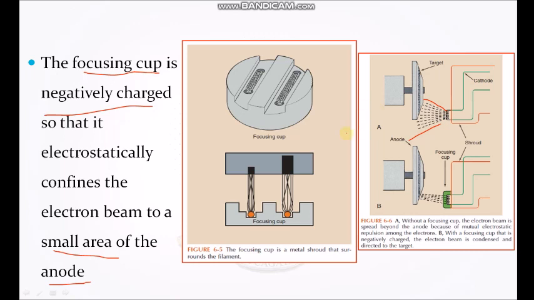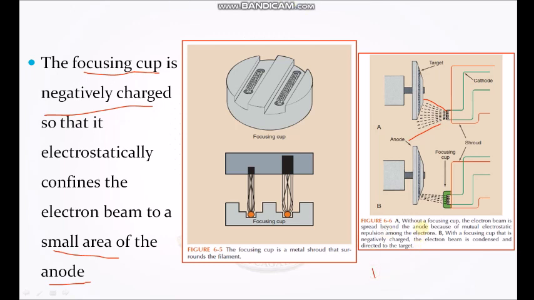So with the help of a focusing cup, we can focus the path of electrons towards a small area of the target, therefore focusing the X-ray production in that small area. And then all of the electrons can be used for X-ray production instead of wasting some of the electrons.